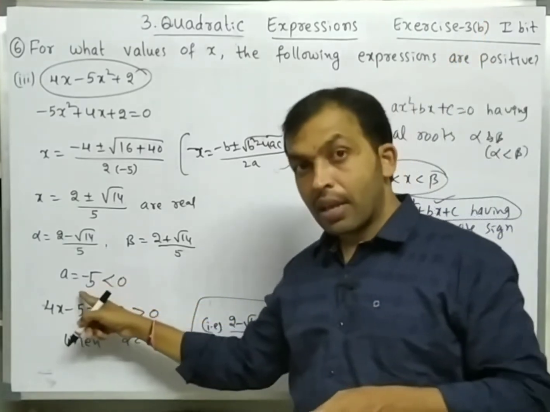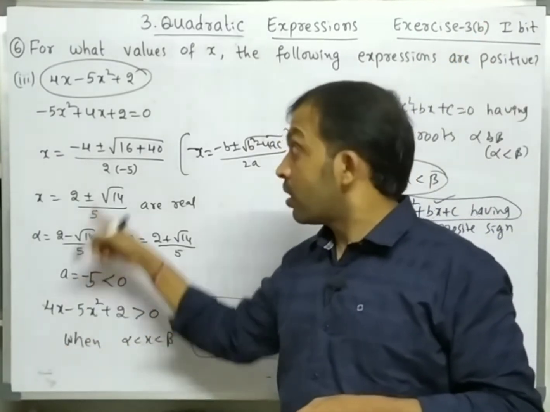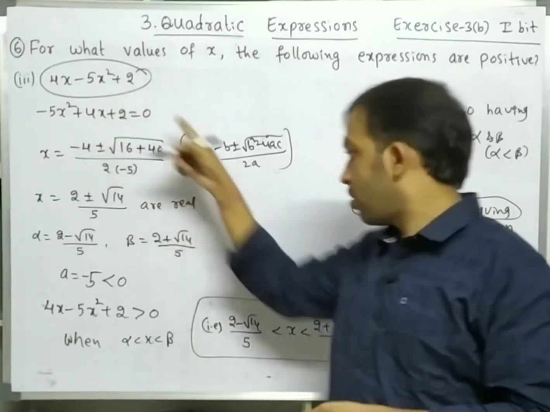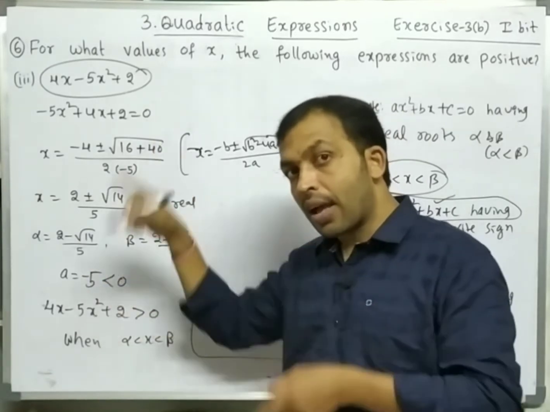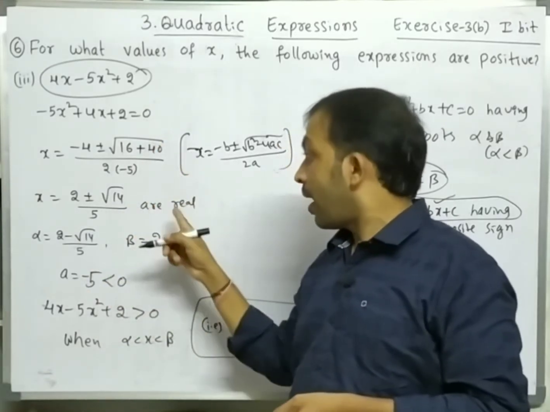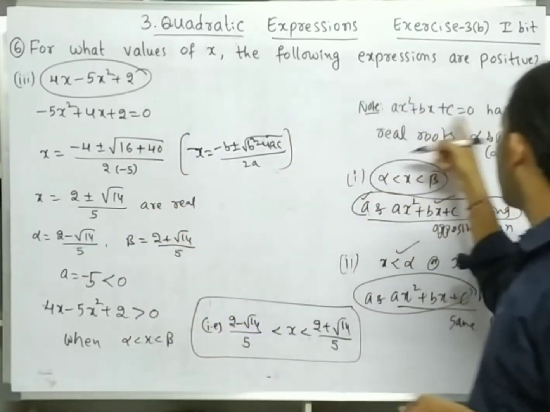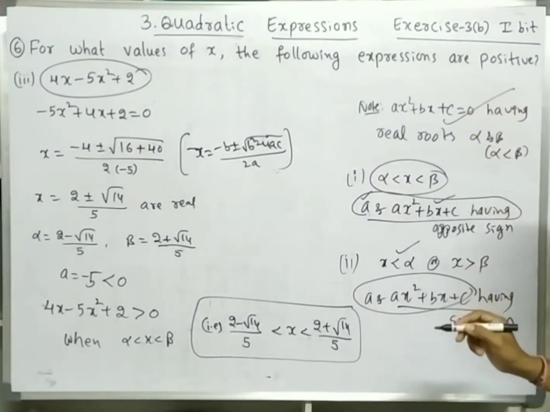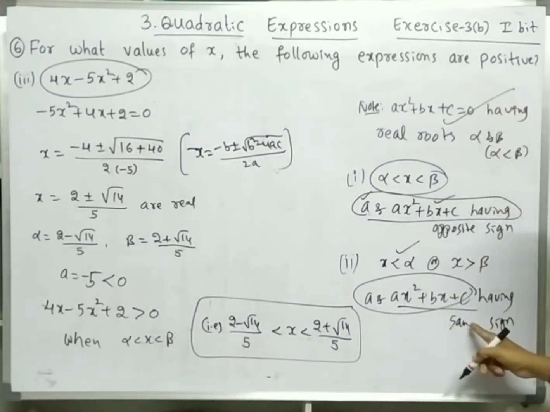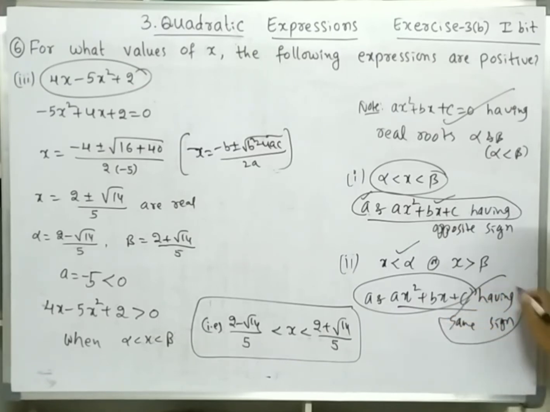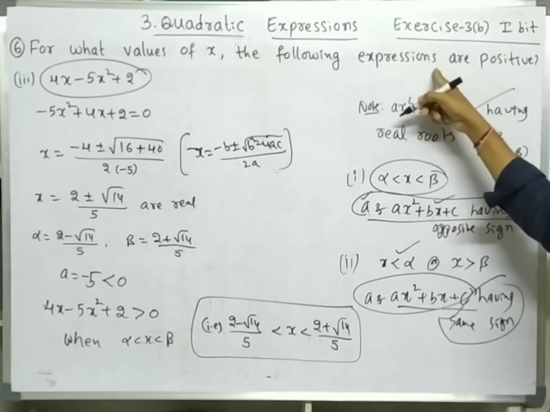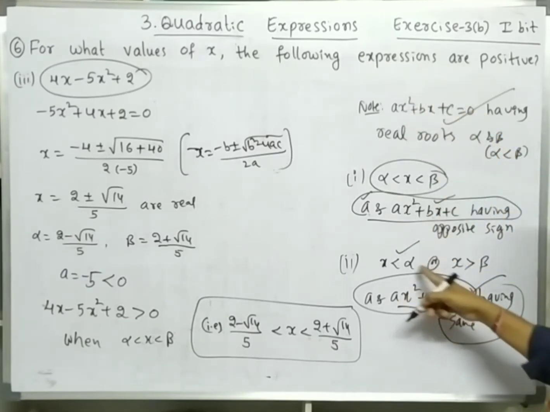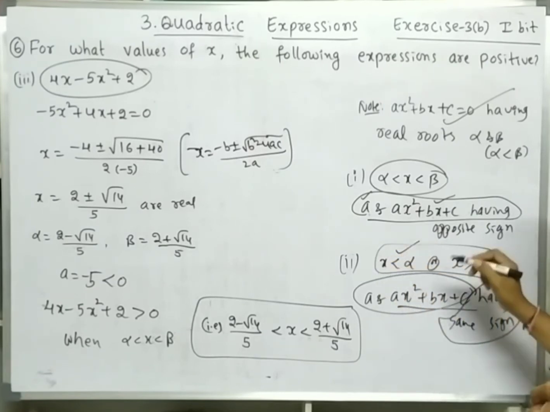So as a is negative, the expression should be positive. That means a is negative and the expression is positive, they are having opposite sign and the roots are real. The roots are real, one condition satisfied. And in the previous problem, both a and the quadratic expression must and should be positive. By a positive, the question also positive. So both are positive in this case.